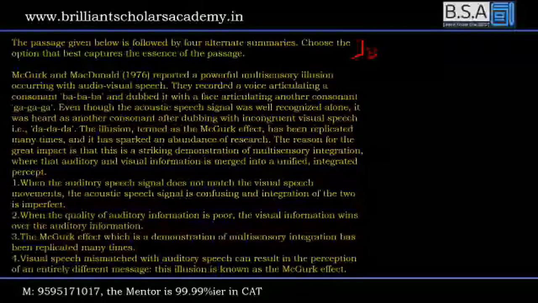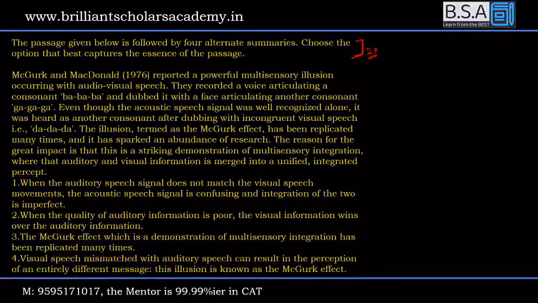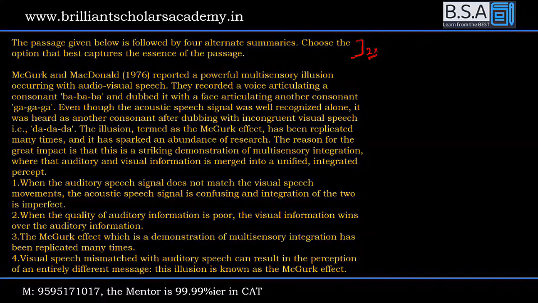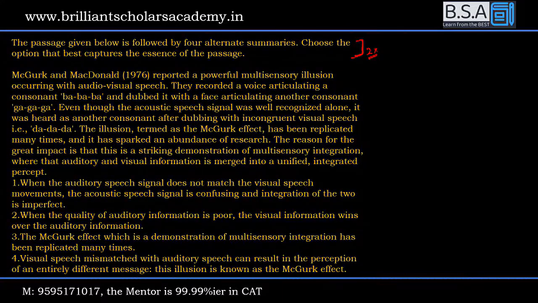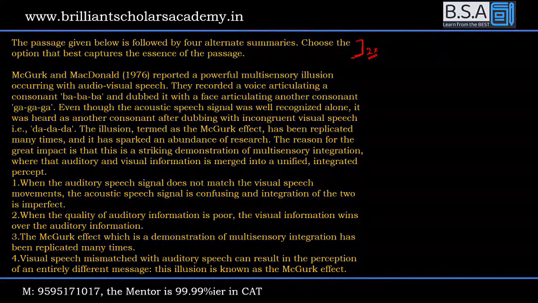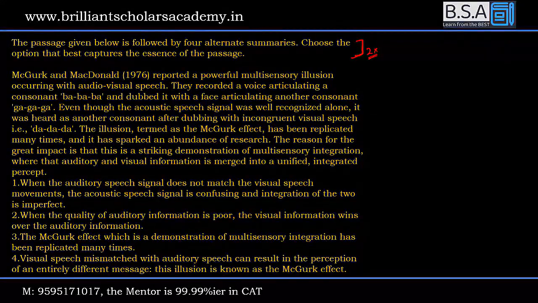The screen is blank right now. Is the display back? Visible now?